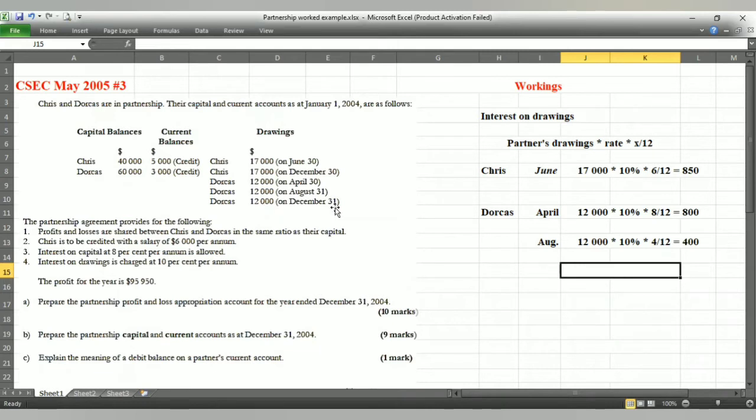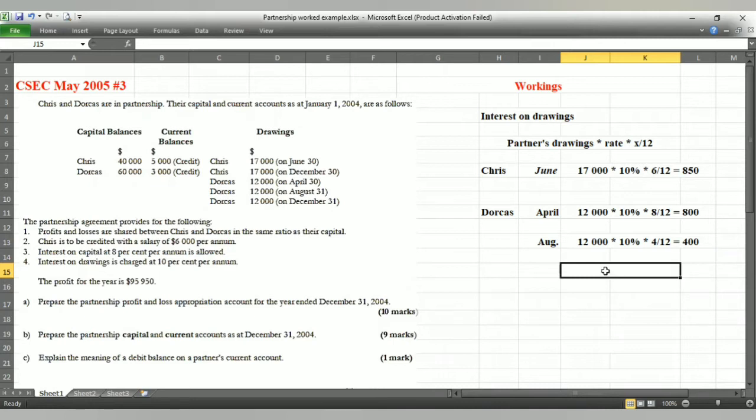Dorcas also took drawings on December 31st. Do we charge interest for this one? No, we are not going to charge any interest because this was taken at the end of the period. So no interest will be charged on that drawings.